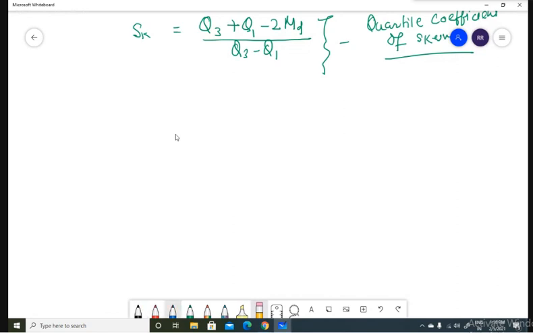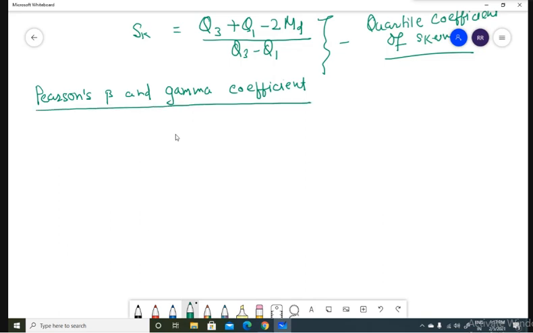Let us define Pearson's beta and gamma coefficients. So this is an important concept.